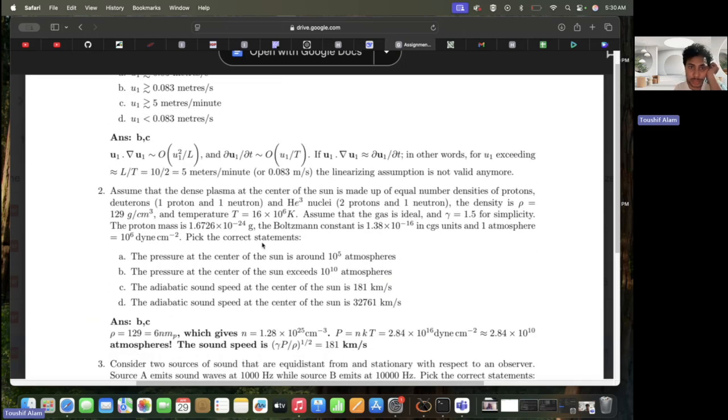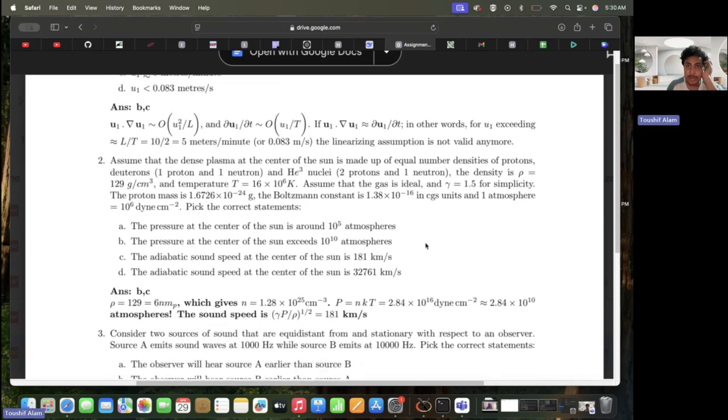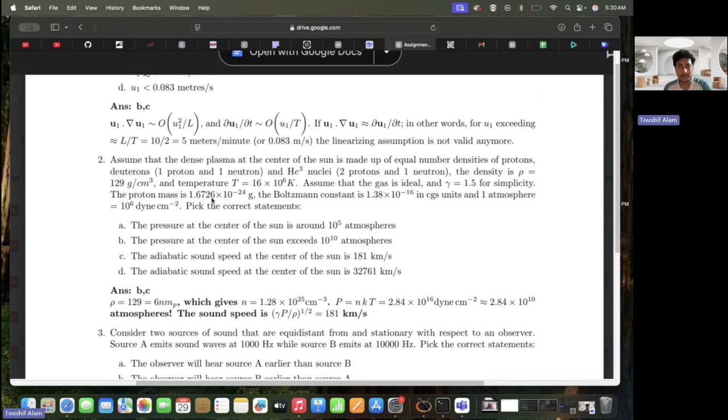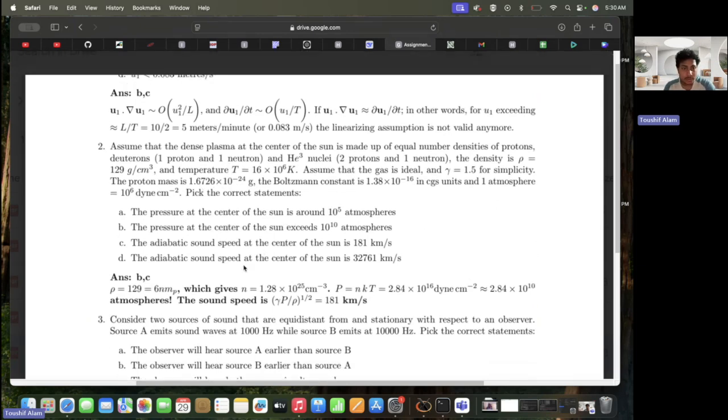Assume that the dense plasma at the center of the sun is made up of equal number density. Given the pressure at the center of the sun, we know rho is 129 gram per centimeter cube. That is 6 nmp, so rho will be 6 nmp, which gives n, because rho is nmp, right?